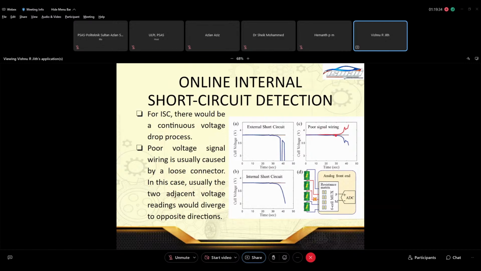As you can see, one terminal voltage goes up and the other goes down because it is in a floating state. So from these three voltages that we can measure from the battery, we will be able to uniquely find out the internal short circuit that happens to the battery.